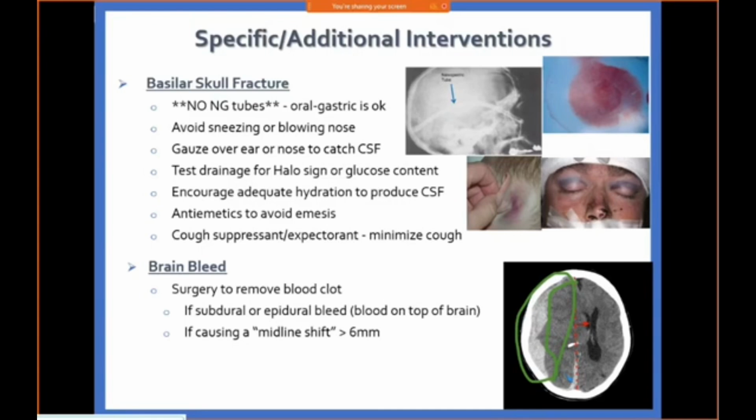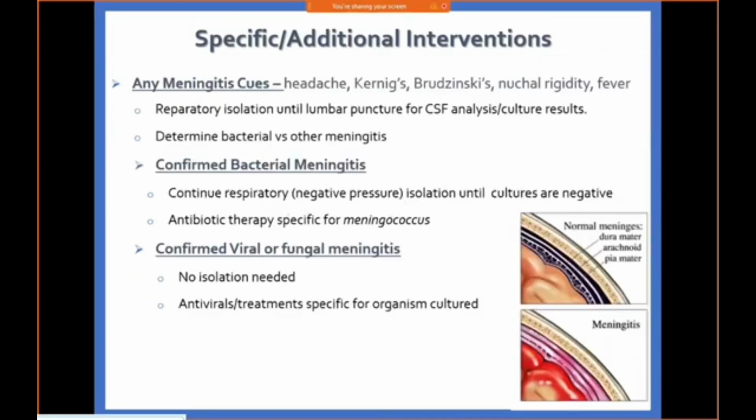This is a shift off of midline. If you have an epidural or a subdural that's sitting on top of the brain and causing a shift, they may go in and physically remove that blood clot in surgery. But otherwise, you're just going to be maintaining your 5 interventions for cranial disorders.